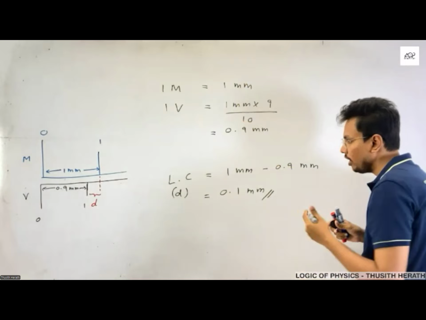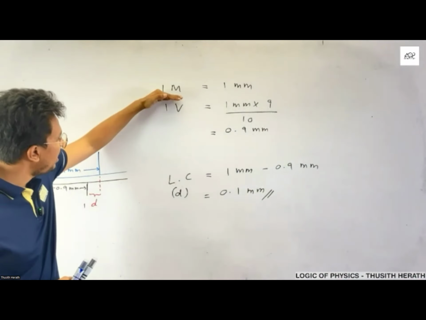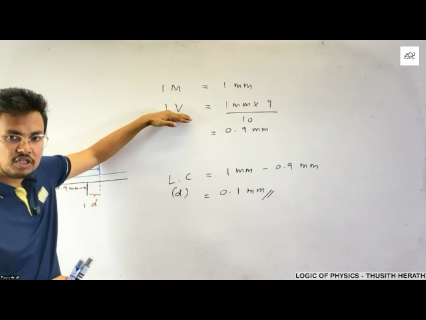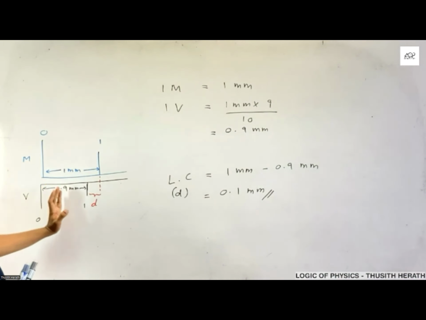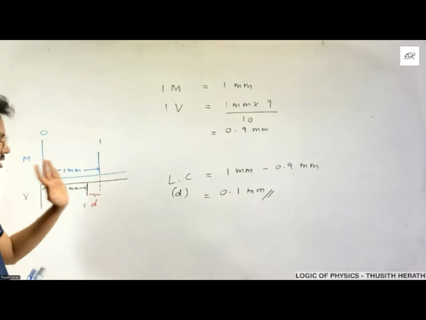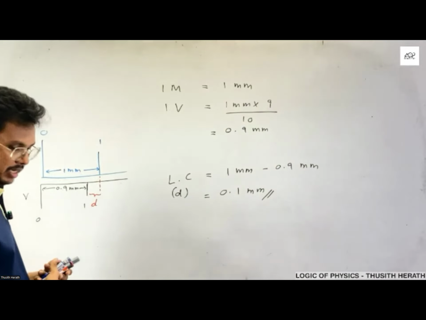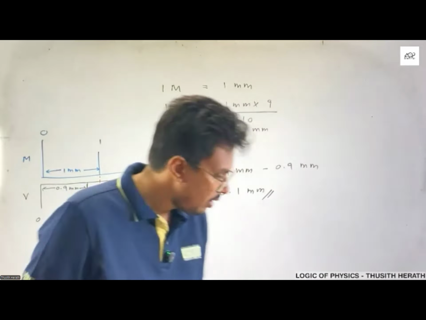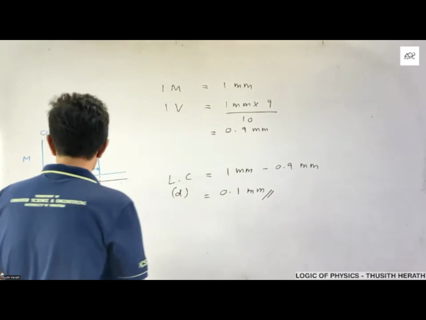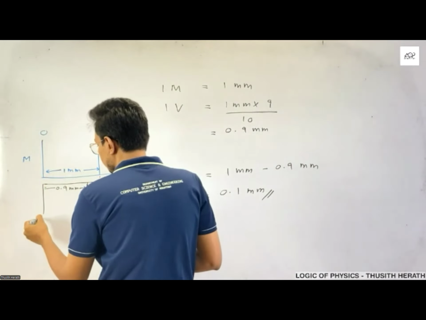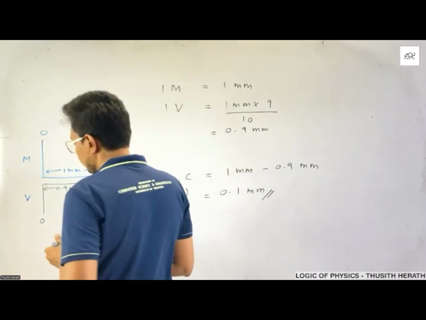This is the general way of finding the least count of any vernier caliper. Find the length of one main scale division, the length of one vernier scale division, draw a diagram showing that length and calculate the minimum distance, right? Complete this. Here the zero mark should be aligned with the zero mark. Zero line of the vernier caliper should be aligned with the zero line of the main scale. Complete.